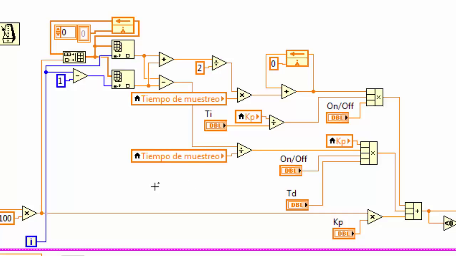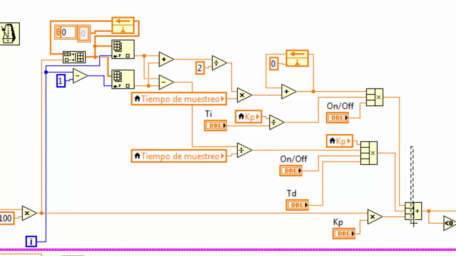For the derivative part, we subtract the last error from the actual error to see the change, then divide it by the sampling time and multiply it by Kp and Td, and also multiply it by the on-off control.